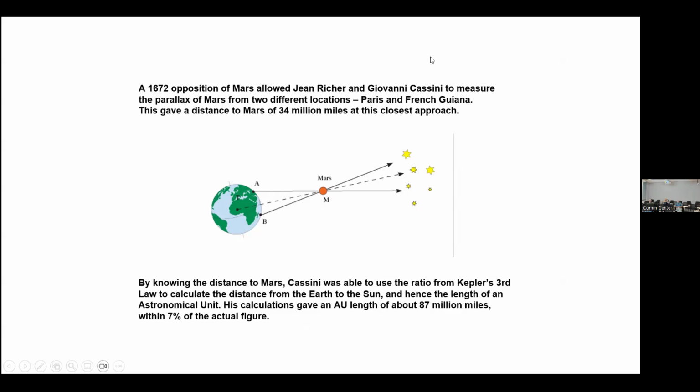This allowed Cassini and his assistant to measure the parallax of Mars from two different locations, Paris and French Guiana. That allowed them to measure pretty accurately, using the parallax method, the distance from the Earth to Mars. They got a distance of 34 million miles at its closest approach.